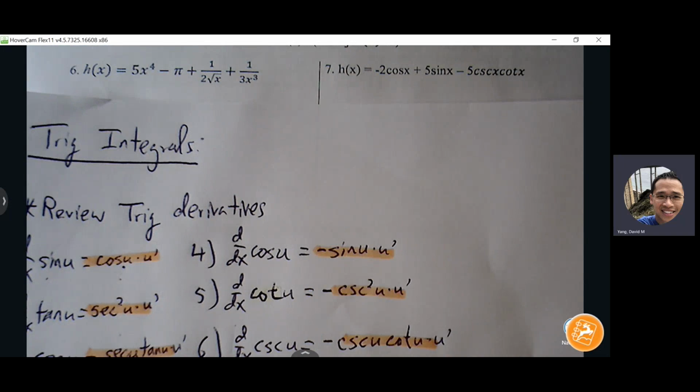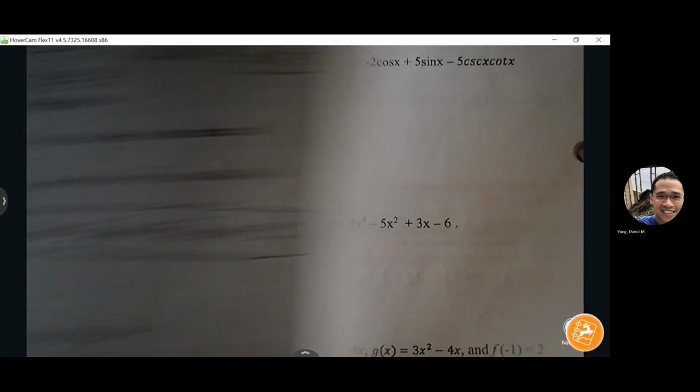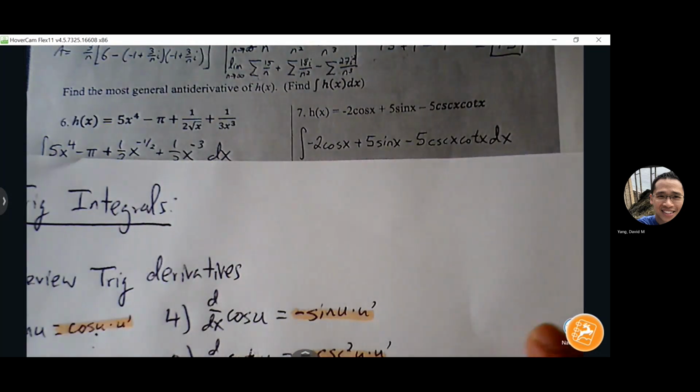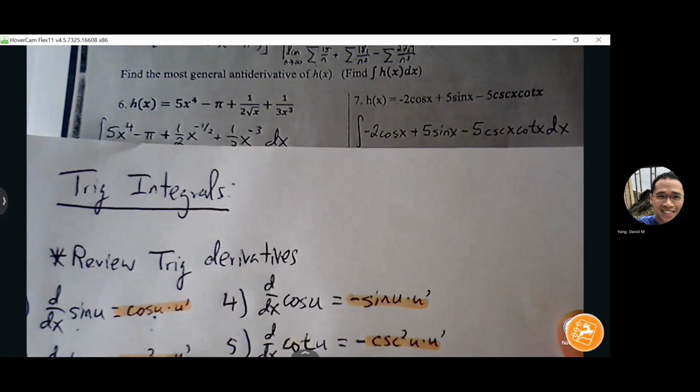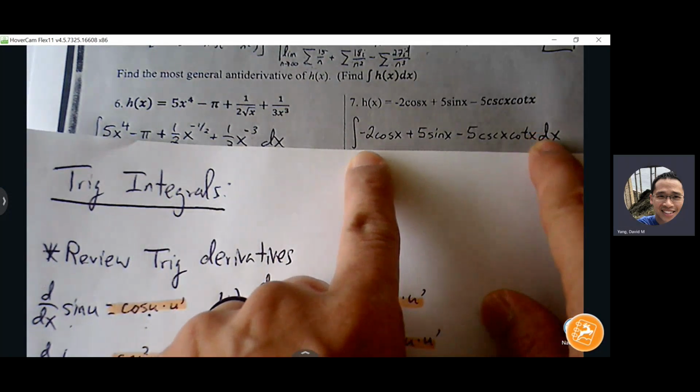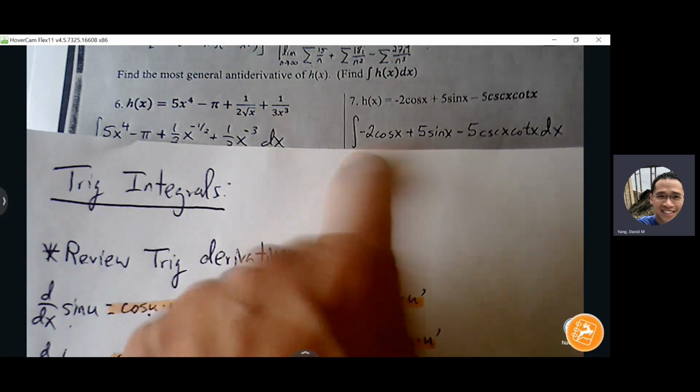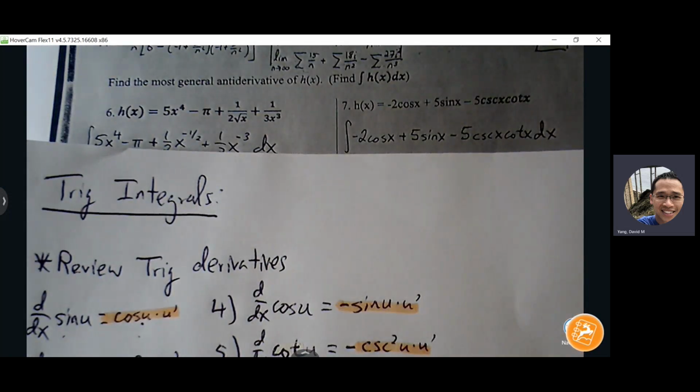We're going to take the antiderivative of negative cosine x plus 5 sine x minus 5 cosecant cotangent. So I'm going to set up my notations here to show what I'm about to apply.